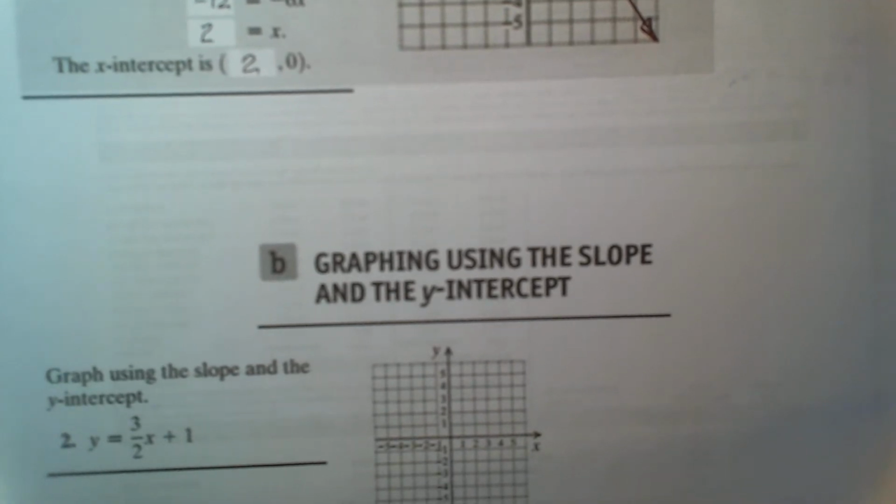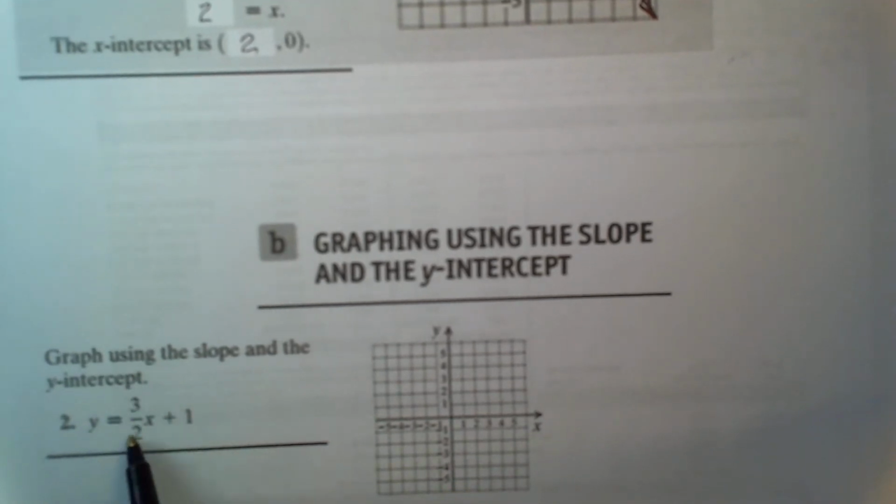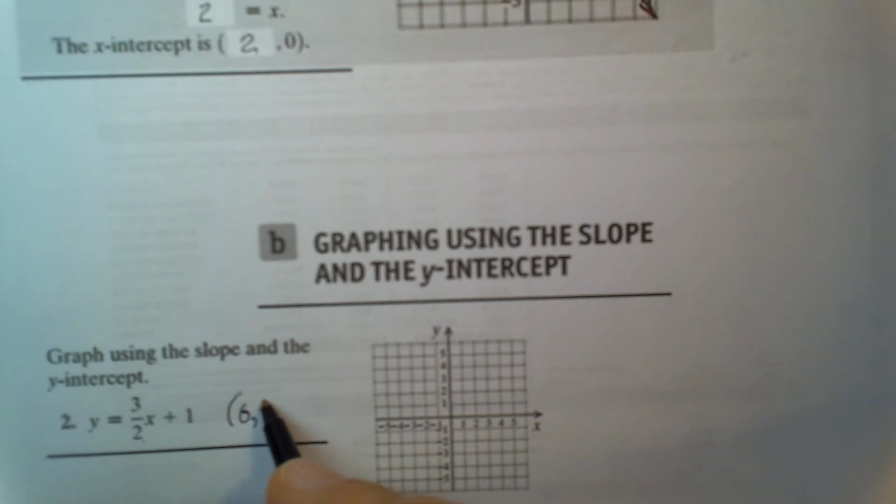In the following exercise, it says graph using the slope and the y-intercept. The equation is y equals 3/2 x plus 1. Now remember what 3/2 means: it's rise over run. And this number 1 is the b part of the y-intercept (0, b), so the y-intercept is (0, 1). We use that as a starting point for graphing our line.